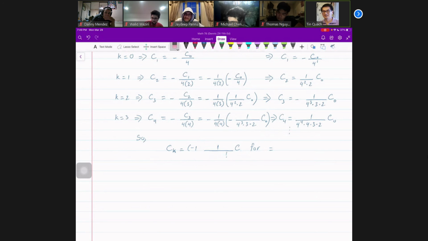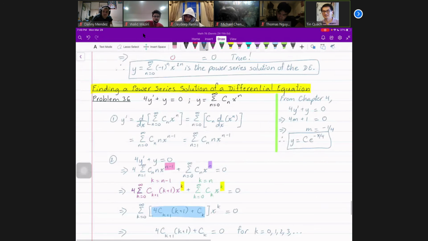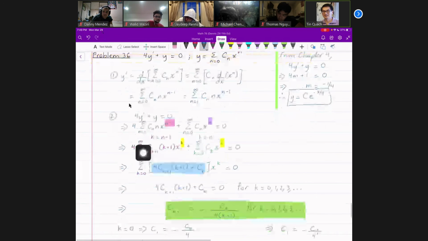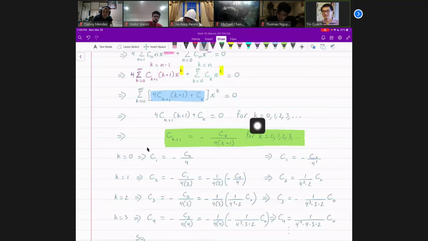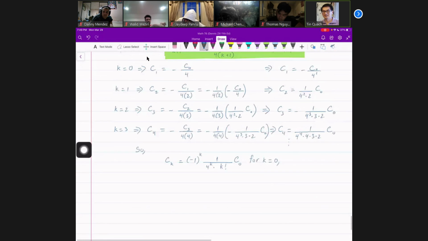All right, so c sub k is this, and then 4 to the k times k factorial c naught, for k equals 0, because the series starts from 0. Okay, so you can check.